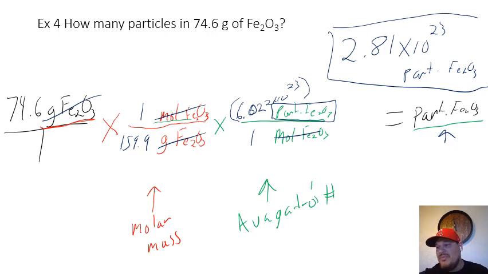Now, like I showed you in the example today, if I were to have some kind of molecule, whatever the molecule is, I'm just making something up right now, let's pretend this is iron oxide, even though it isn't, a little dumbbell here. What that means is that in 74.6 grams of this stuff, there are approximately 2.81 times 10 to the 23rd particles of this molecule. That's a lot of them. But anyways, that's how you use stoichiometry to figure out how many particles or molecules there are in any given substance.